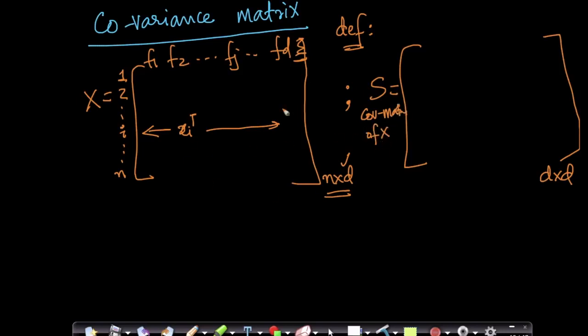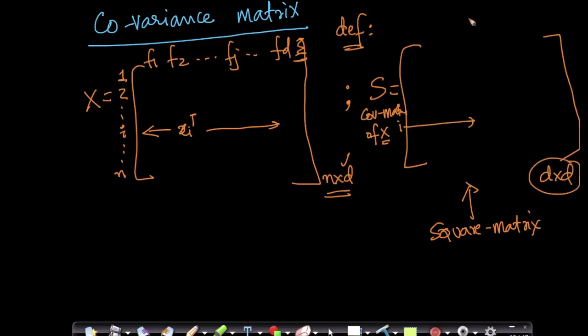I was getting confused because X and S sound similar. So the covariance matrix of my data matrix X is written as S, and it is D cross D. It's a square matrix, because the number of rows and number of columns are the same. The element in the ith row and jth column is called Sij.